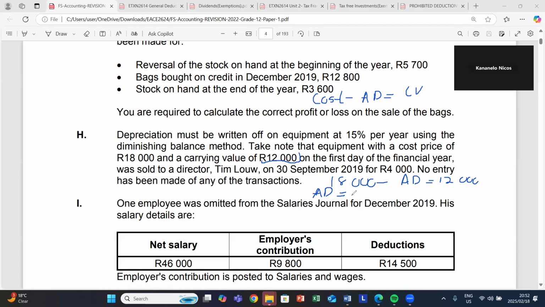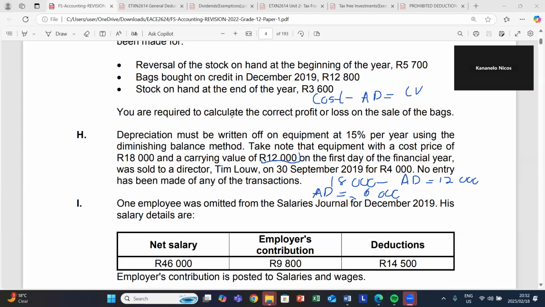Okay, so accumulated depreciation will be 18,000 minus 12,000, so it will be 6,000 rand. Therefore, our accumulated depreciation at the beginning will be 6,000 rand.